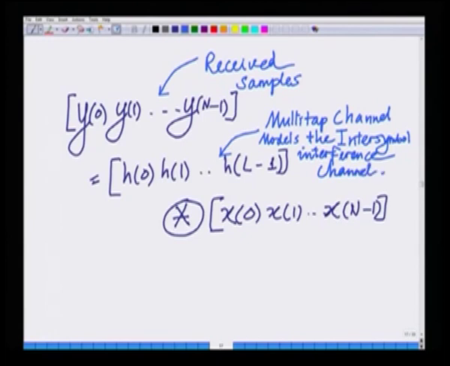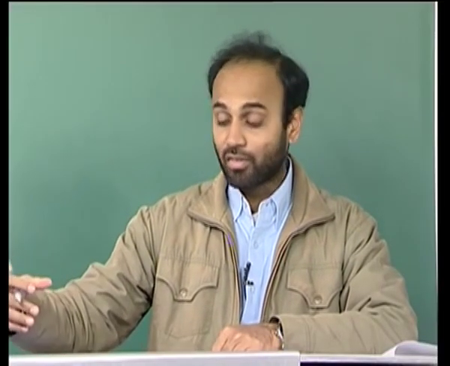And this x0, x1 up to xn minus 1, these are the n samples of the transmitted OFDM signals generated after the IFFT operation. Remember, we are still performing the IFFT operation.